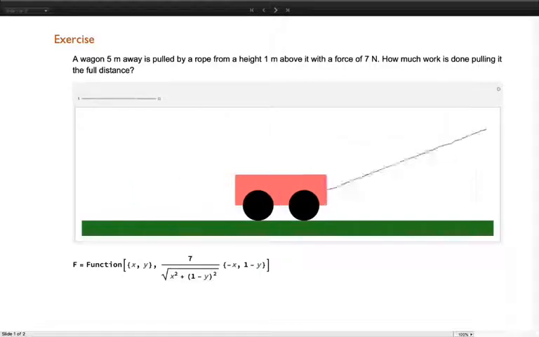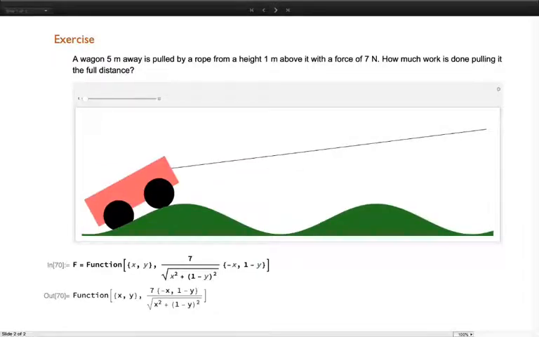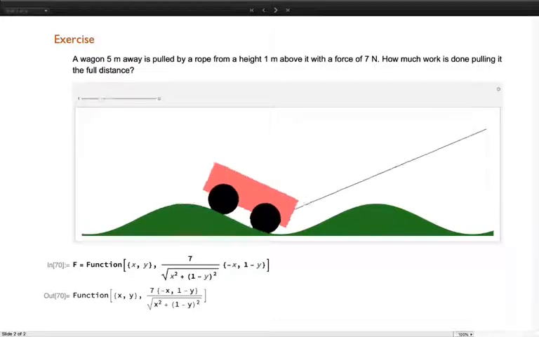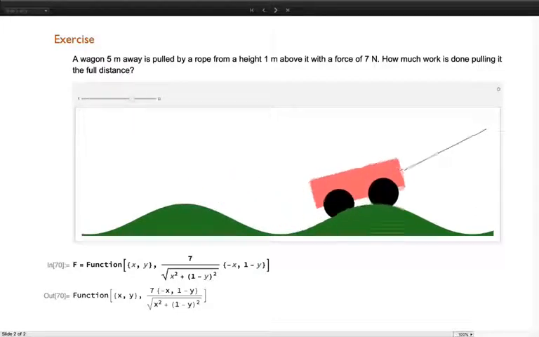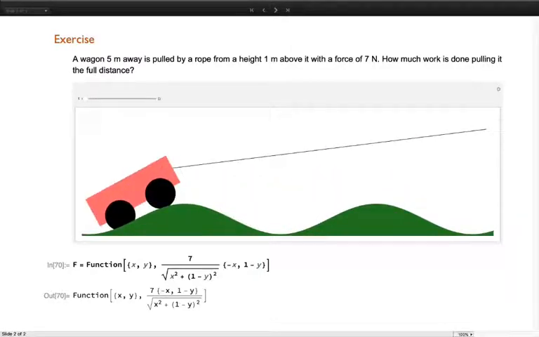We know ours is just going to go back and forth horizontally, but if I change my terrain, say, and I've got a wagon that's going to be pulled over a couple of bumps here, that same force term is going to work. Wherever the wagon is, the force is always going to be 7 newtons in that direction. So to do different work problems on different terrains here, I can use the same F value. I just need to change the path of the wagon, which is pretty neat.